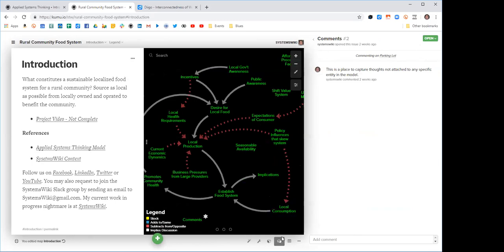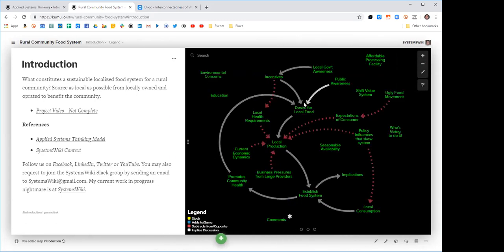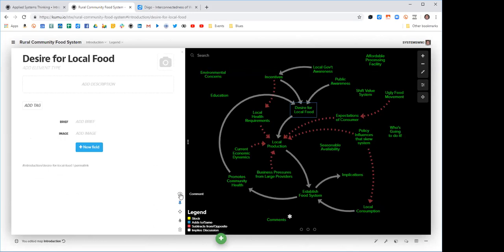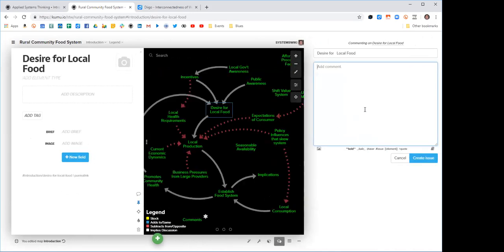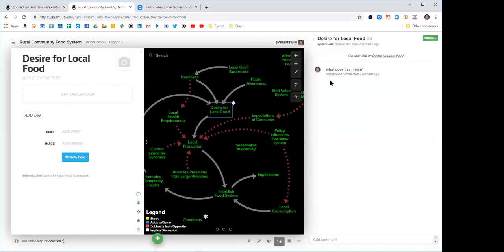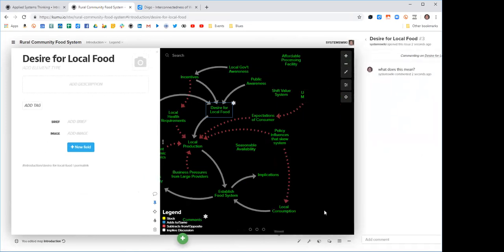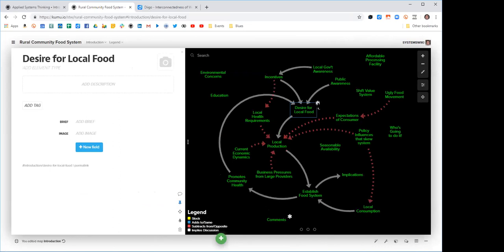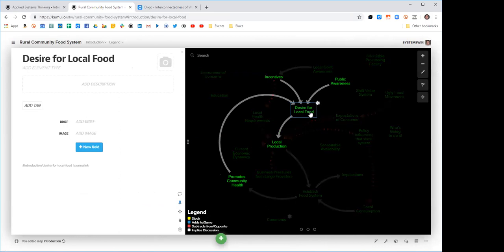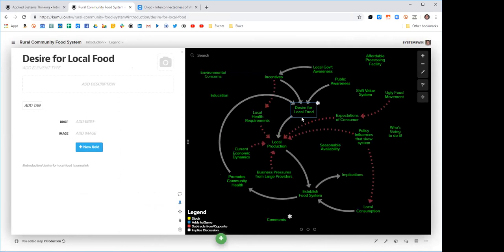You can add comments to this particular thread that's already started, or you can click on any element or any connection that's part of this map. You can click on it and say comment, and you can start a thread on that comment. What does this mean? And if you do that, it will then put an asterisk on that, so it tells people that there's already a discussion thread started on that particular element.